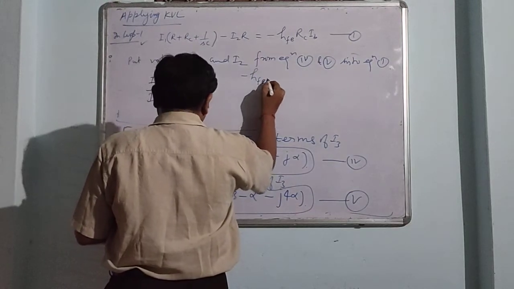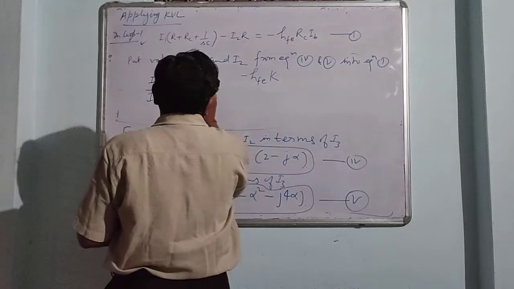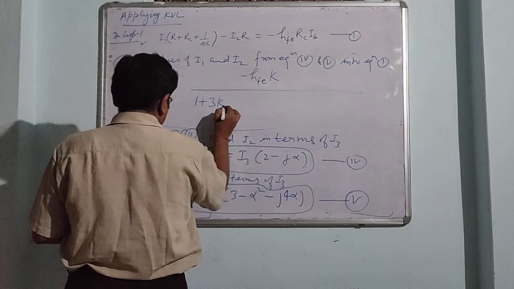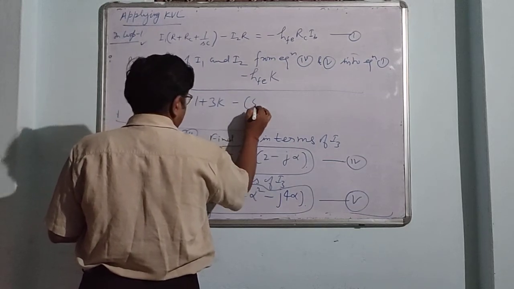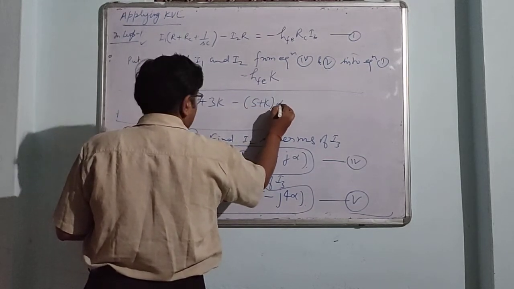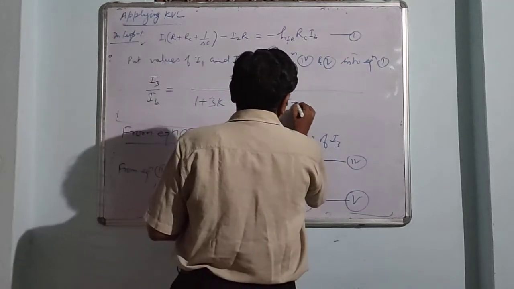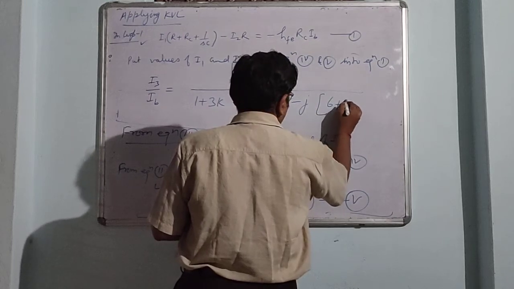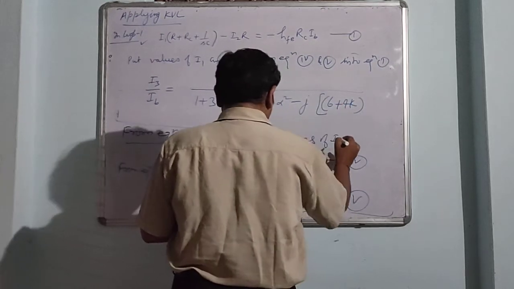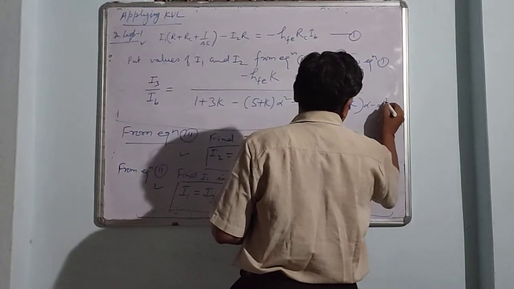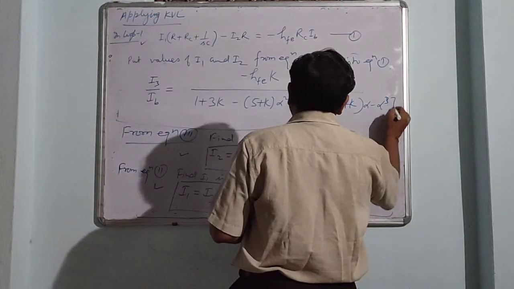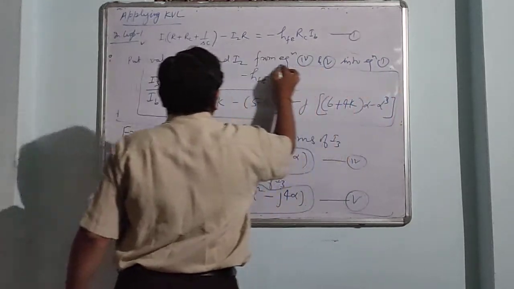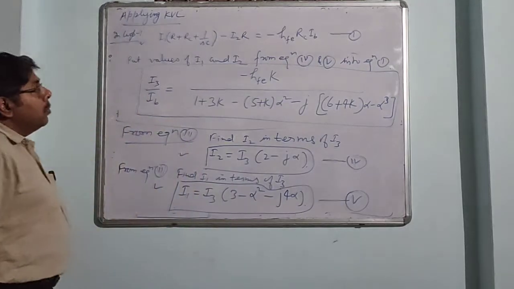Minus HFE K over 1 plus 3K minus 5 plus K alpha square minus j times 6 plus 4K alpha minus alpha cube. So actually this is an assignment for you.